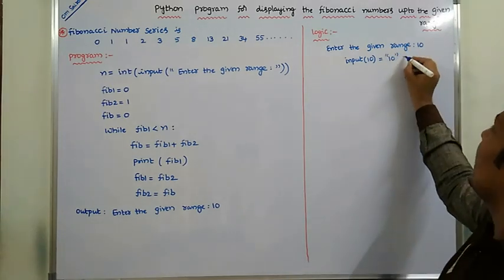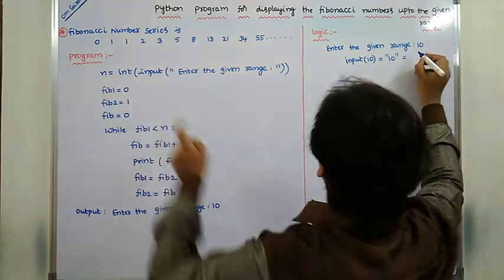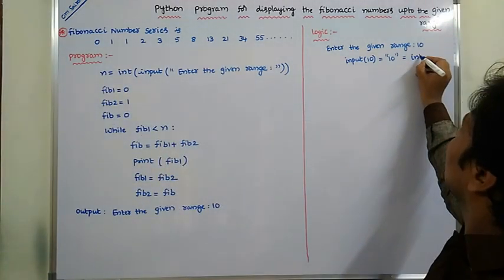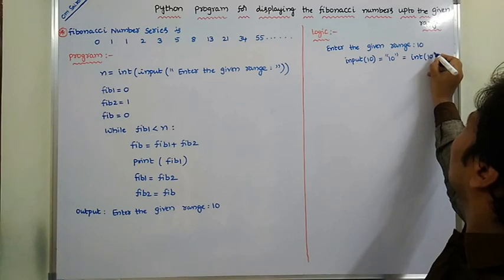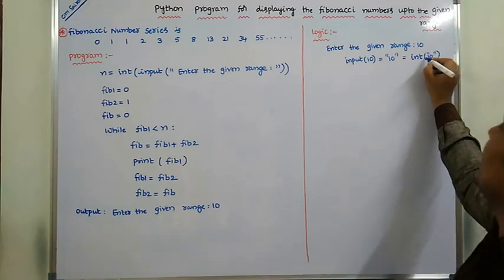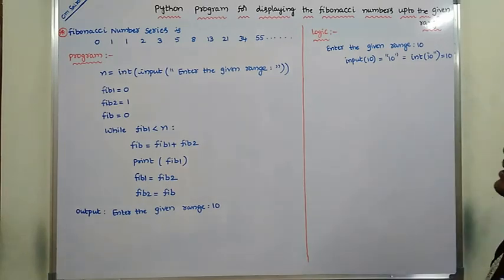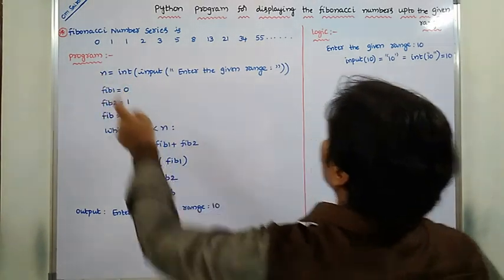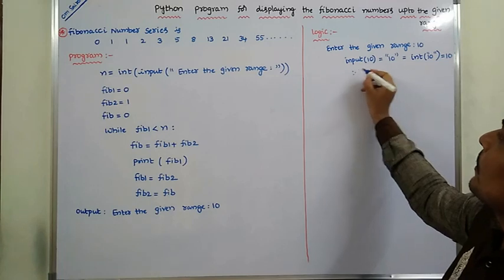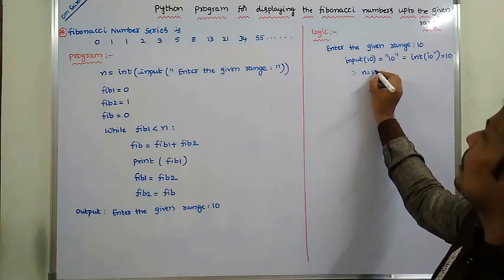This string "10" is passed to the typecasting int, so int of string "10" returns the value 10. Now 10 is assigned to n. Therefore n is equal to 10.